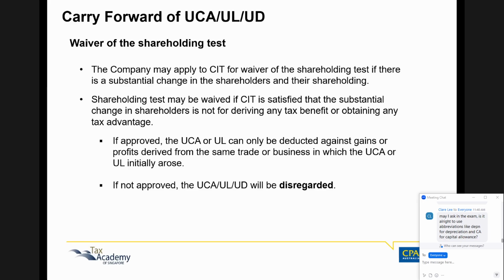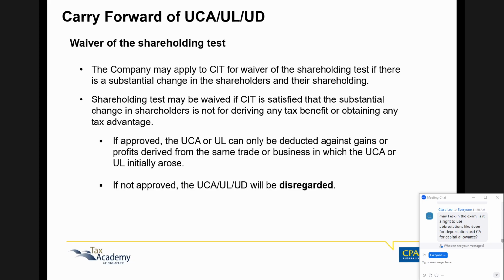I can buy over company A and use their tax losses and UCA to reduce my tax payable for company B. That is one possible thing that can happen, which is what the controller is trying to block.